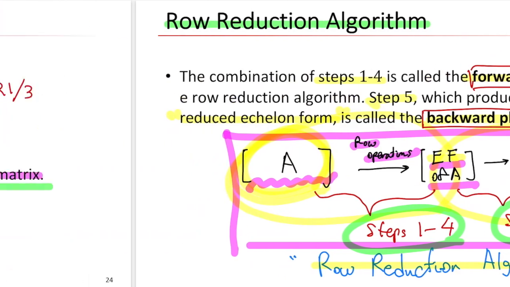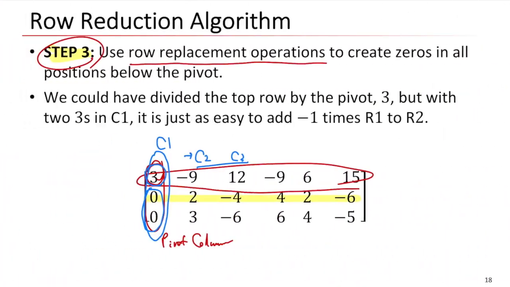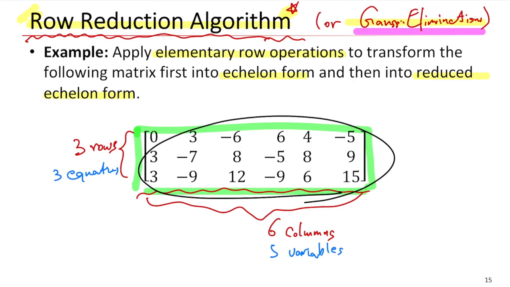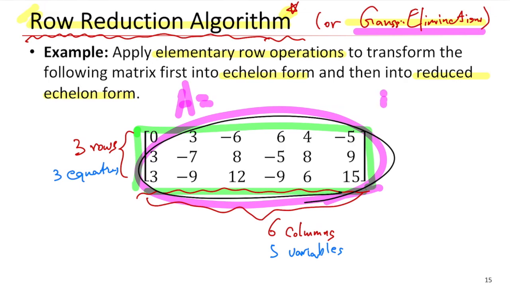Okay, let's go back to the previous example. Let's say we have a matrix A, something like this. We want to solve this linear system, but first of all, we want to know whether this matrix has a solution, related to existence, right?